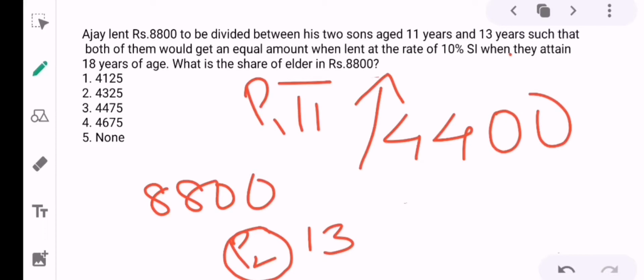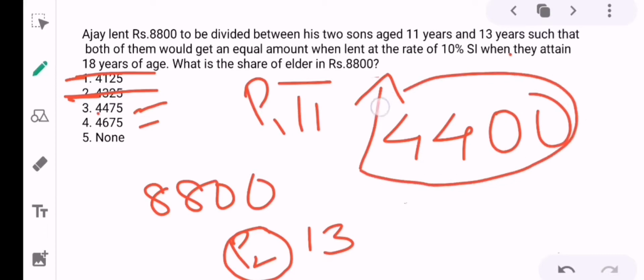So let's cut out option 1 and option 2 because both of them lie below 4400. Let's just cut them off. Now we have two options, 4475 and 4675. Now that we know, let us assume the principal to be 4400, the rate was 10% per annum.